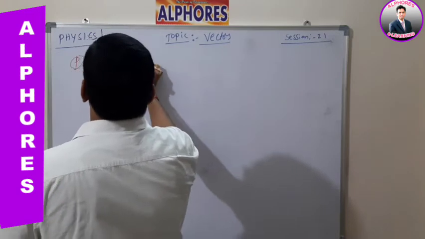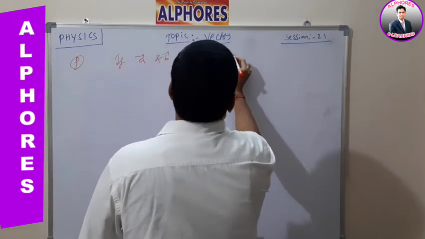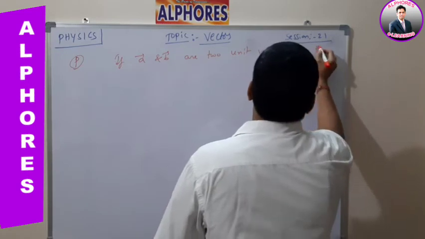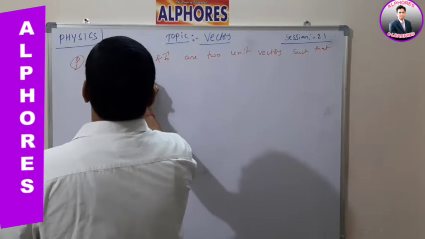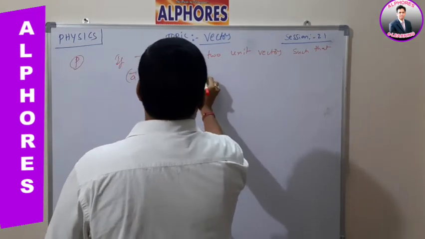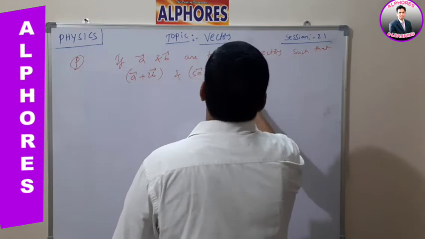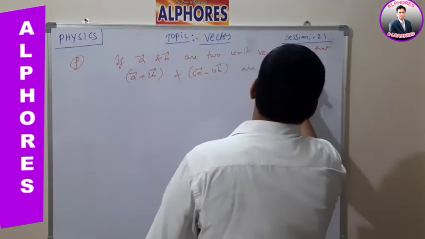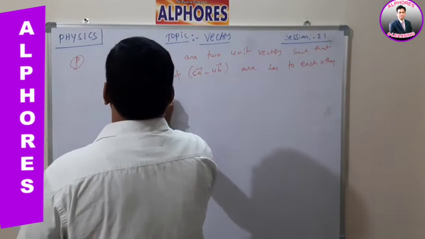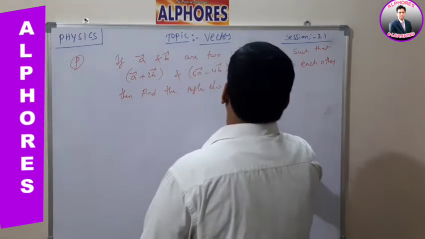If A bar and B bar are two unit vectors such that A bar plus 2B bar and 5A bar minus 4B bar are perpendicular to each other, then find the angle between A bar and B bar.